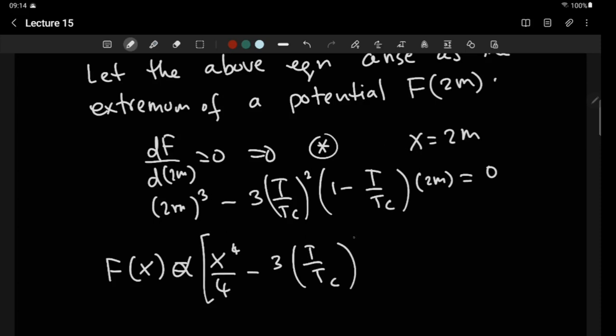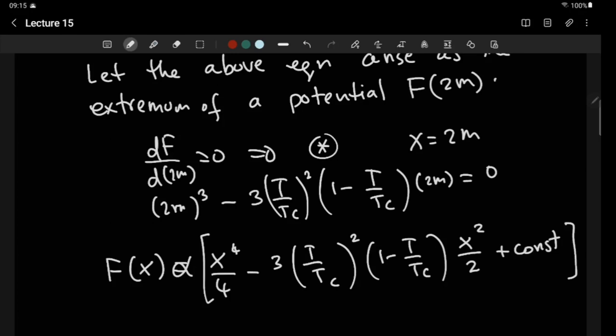Then 2m whole square by 2, so x square by 2, plus some constant. Is this okay? What I've done?